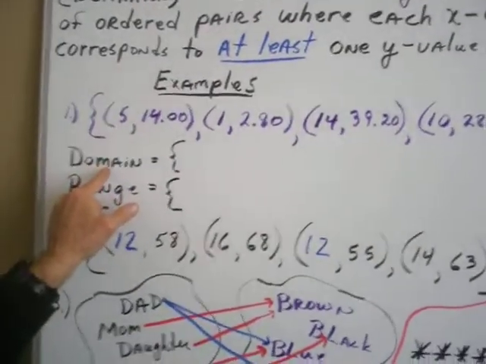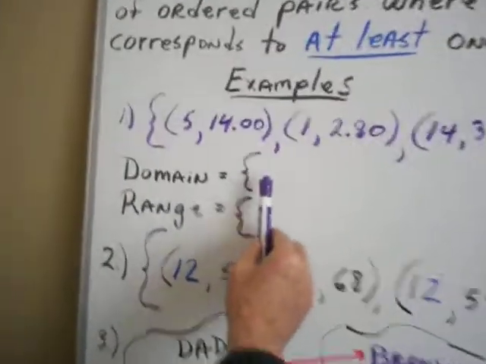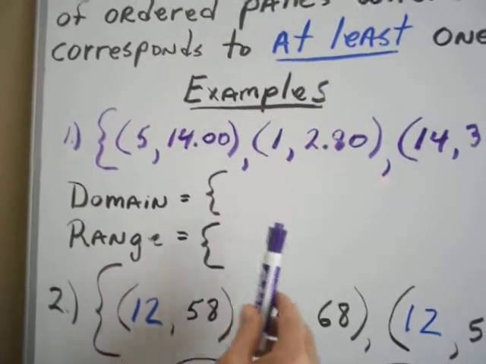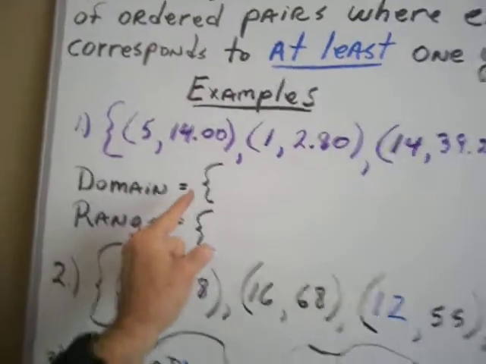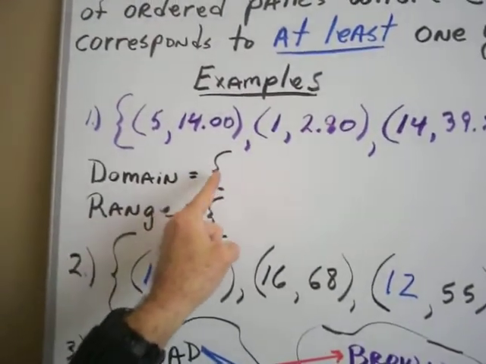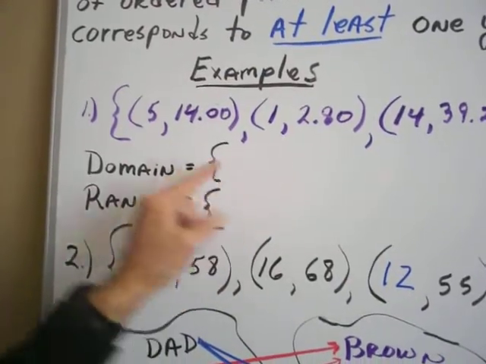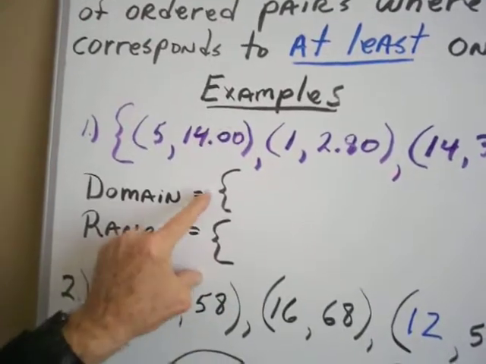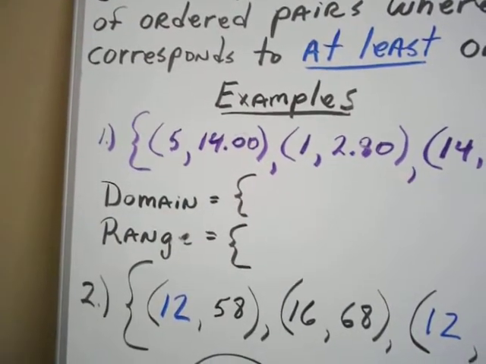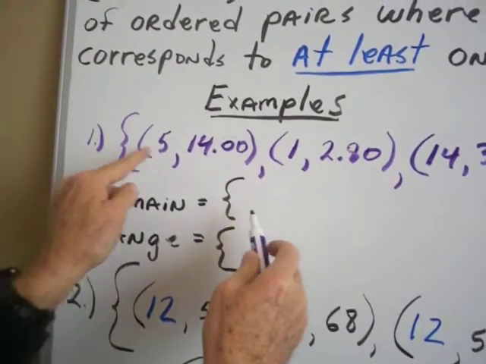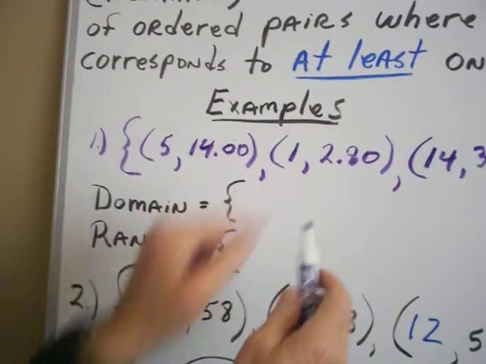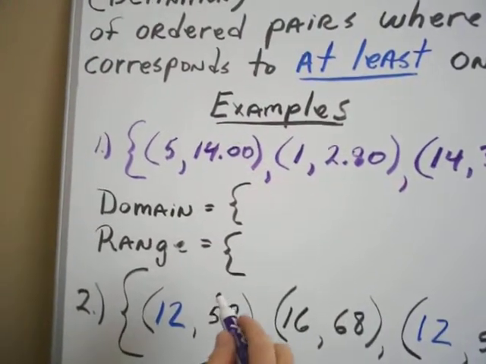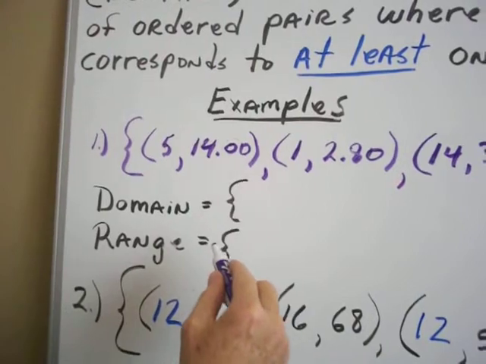So when we identify the domain, the thing that you're going to want to remember, it is a set. And when you identify a set, you must use braces. So when we identify the domain for this relation right here, we begin with a brace, and we simply identify the x values that we see in that overall relation. The order doesn't matter.